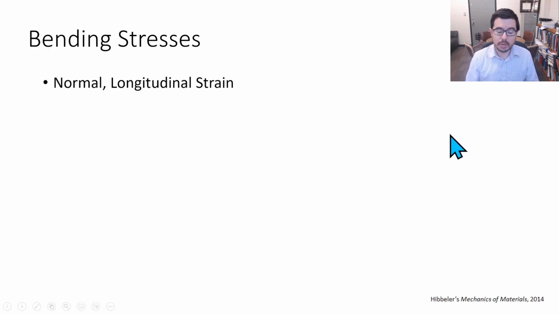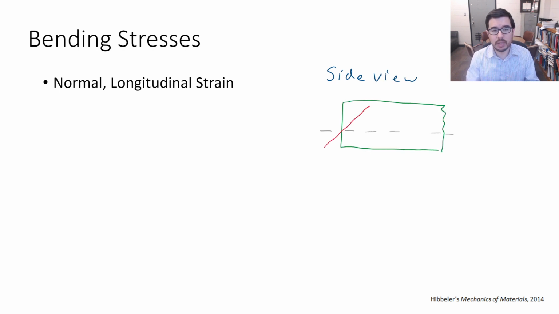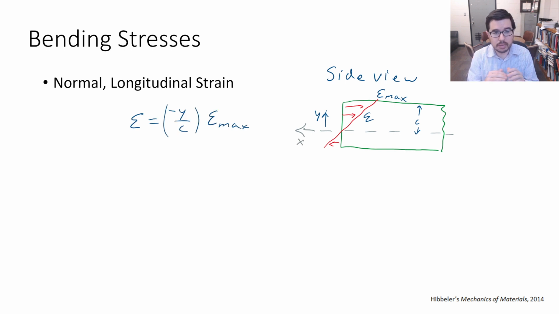So we hop right in to some math and some visuals for what is happening with longitudinal strain as we described in the past session. If we take a side view of a beam, we see that there is a neutral axis given by this x, and there is going to be some strain above and below this neutral axis with an applied bending moment.